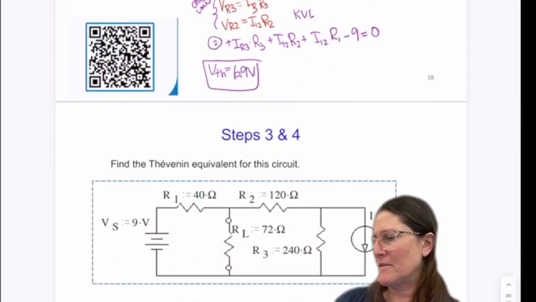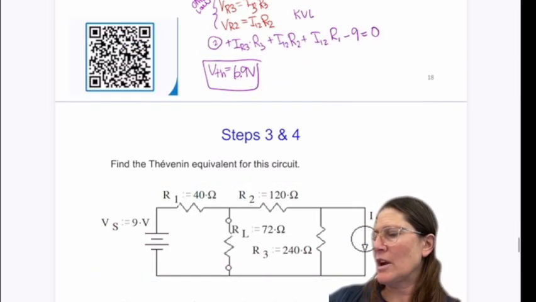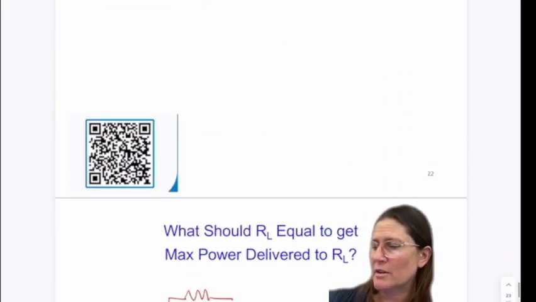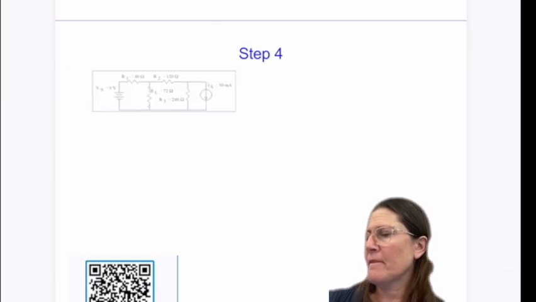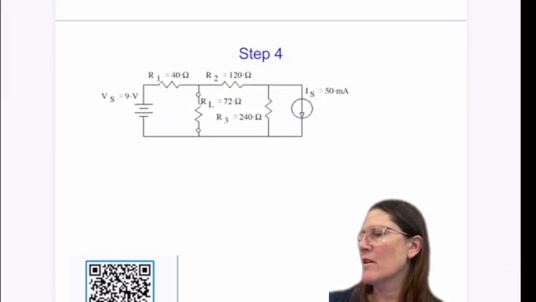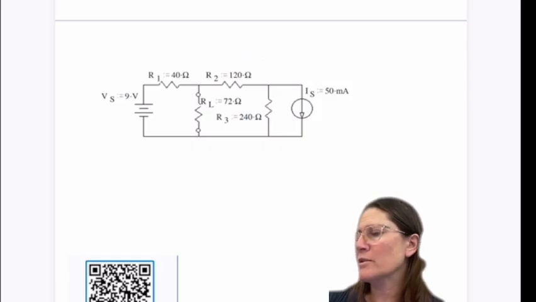There we go. Okay, so this more complicated circuit, I can represent this whole circuit by those two elements that I just found.